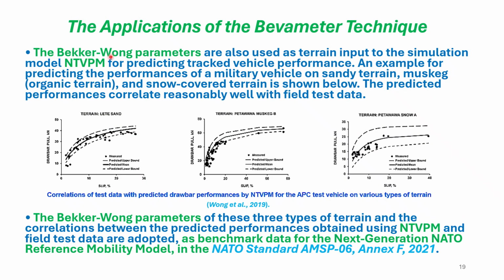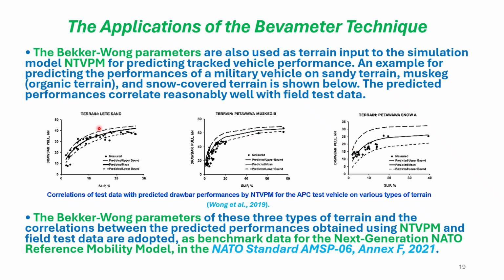The Bekker-Wong parameters are also used as terrain input to the simulation model NTVPM for predicting track vehicle performance. An example for predicting the performances of a military vehicle on sandy terrain, muskeg, and snow-covered terrain is shown in these figures.